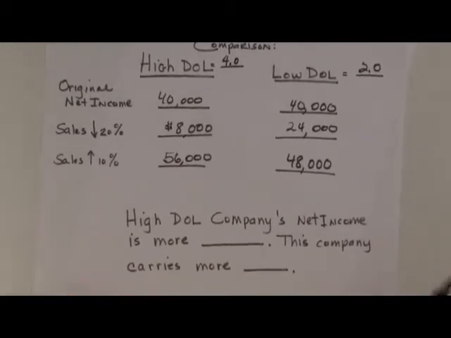A high DOL company's net income is more volatile. And what we're saying, it is more sensitive to changes in the volume of sales going either direction. This company carries more risk.